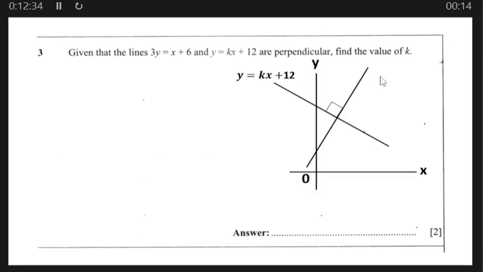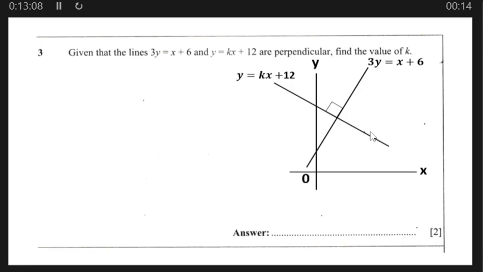So this line now is 3y is equal to x plus 6. So in mathematics, there's a rule that when two lines are perpendicular to each other, the product of their gradients, the gradient of this line and the gradient of this line, should give you a -1. All right, so that's the rule.